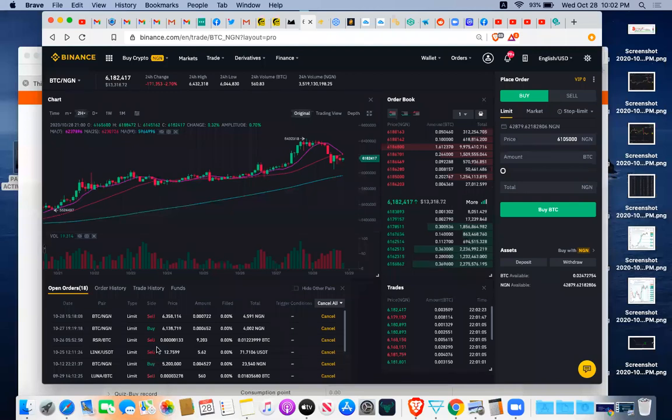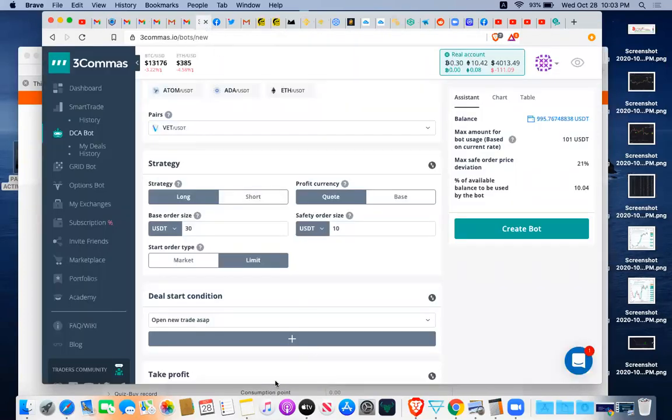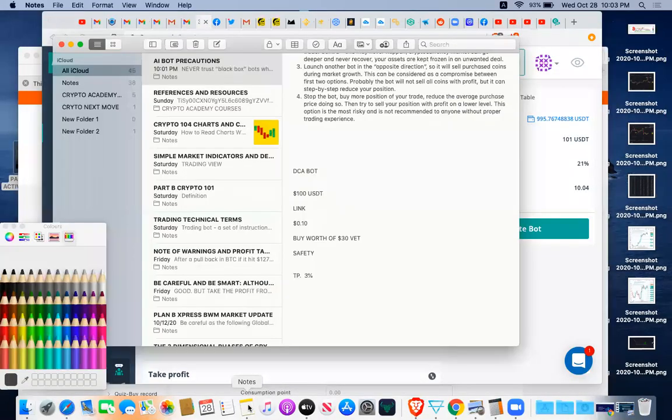Okay, in that order. So it has just set prices for me. Now the bot does something on DCA, which is very simple. We bought this coin and we set 3% to take profit, but the market drops back by the deviation.